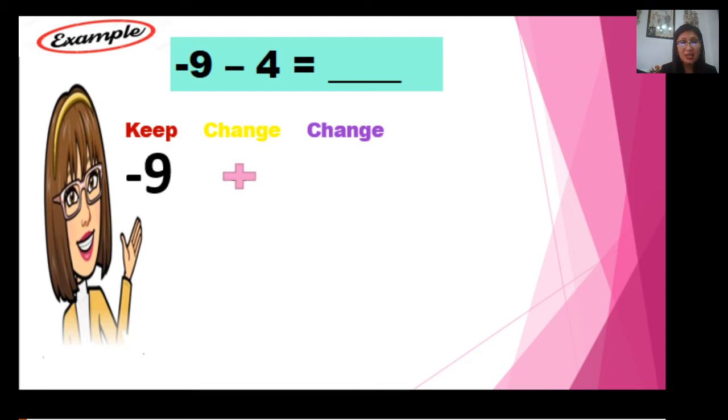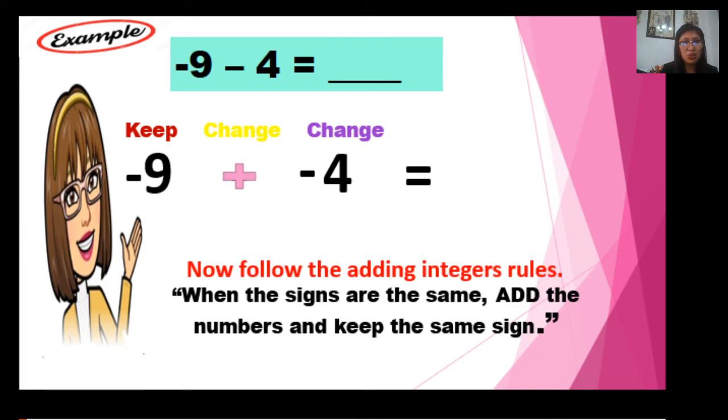Then after that, you have to change the second integer, positive 4. Make it negative. Get the opposite always.